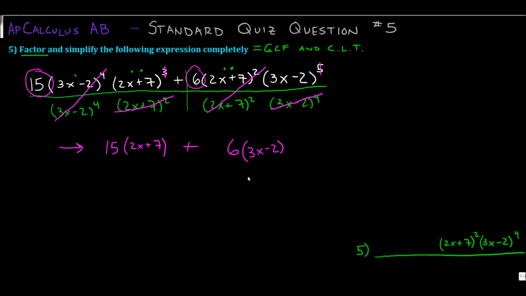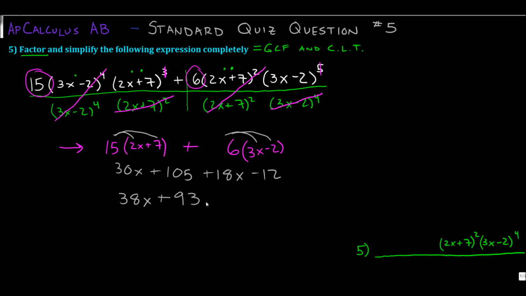So to do that, I'm going to switch to the lovely silver color. I'm going to distribute into 15, then distribute into 6. That's going to give me 30x + 105. Again, if you've got a calculator, you can always check if you're not sure. Plus 18x - 12. This is going to give me 38x, it appears. Did I do that correctly? Looks like it. Plus, no, sorry, this will be plus 93. I feel like something's a little bit off here.